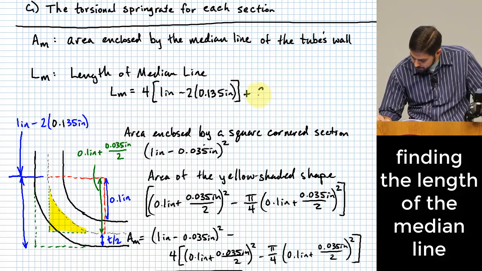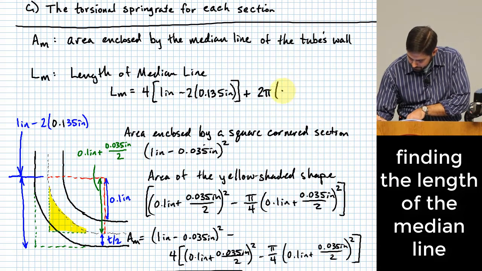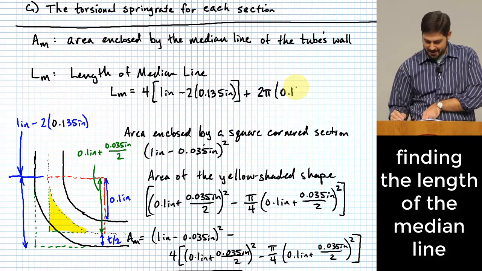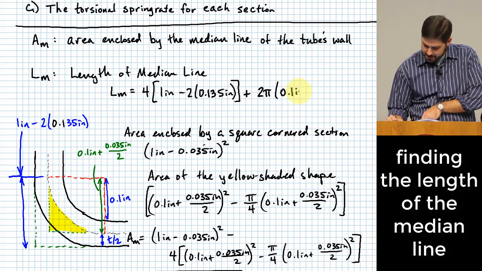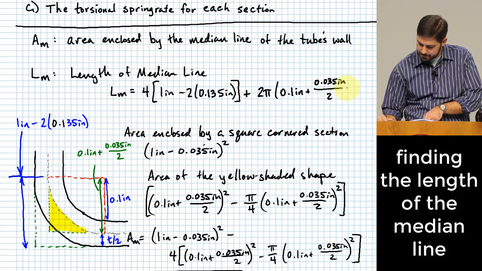So I'm going to put here 2 pi times, I won't make the same mistake again, I'll do 0.1 inches plus half of 0.035 inches.